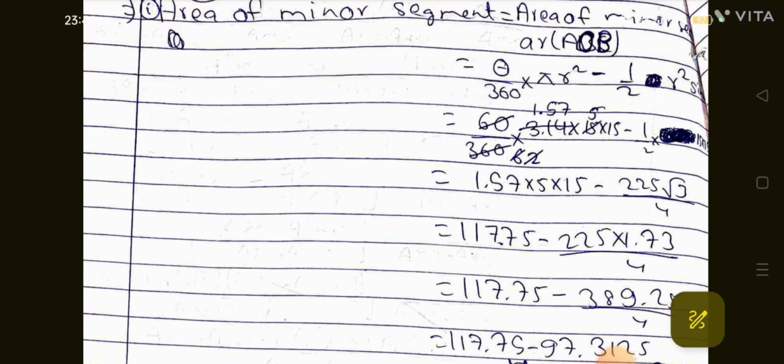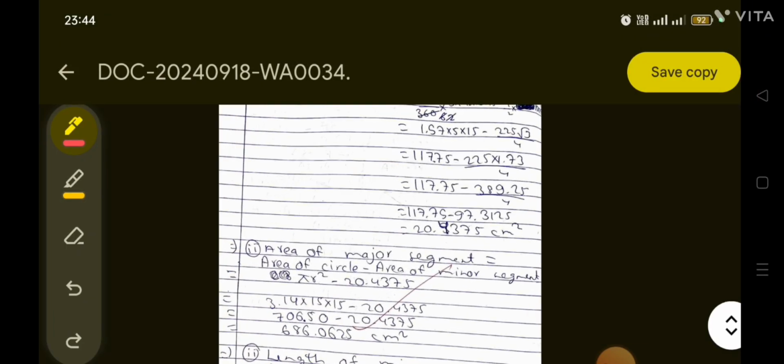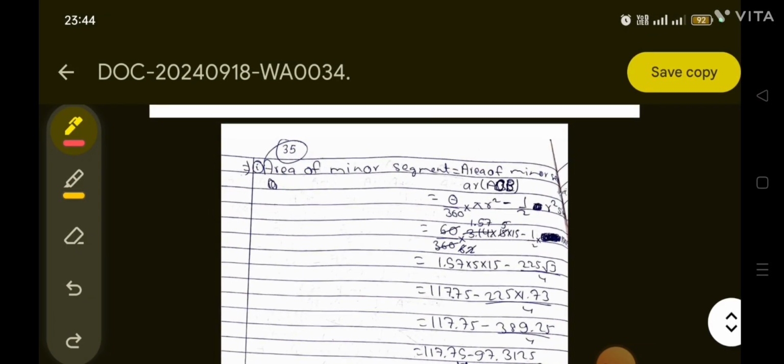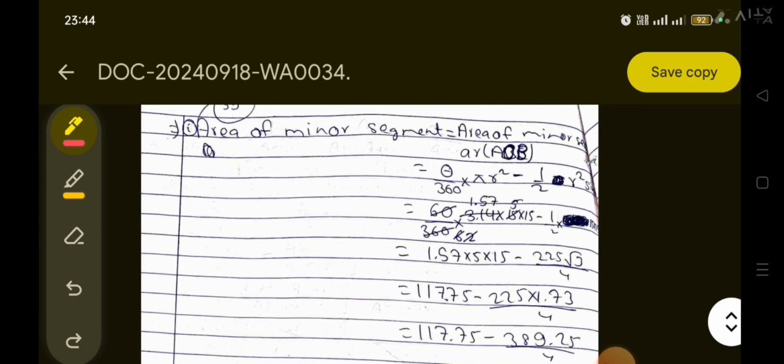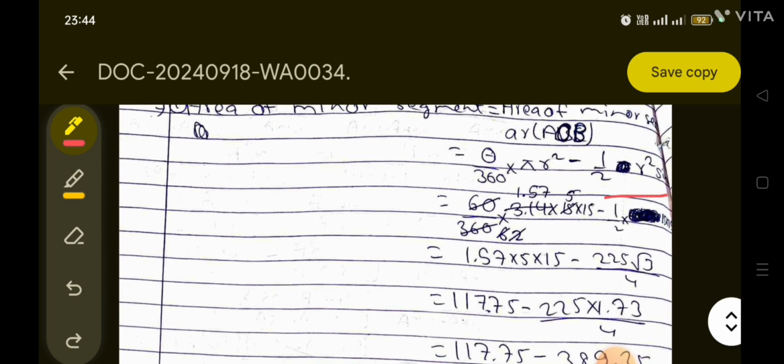And minus, if we find the area of triangle, the formula is half into r square into sin theta.